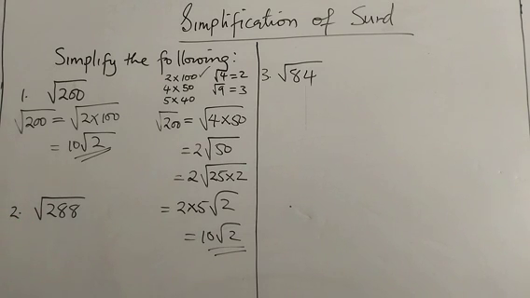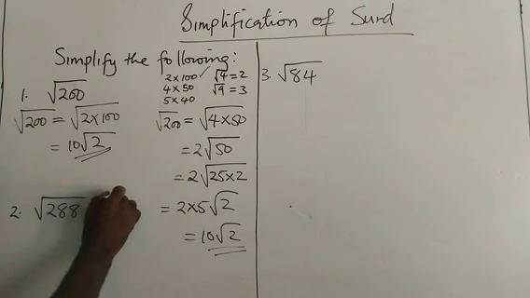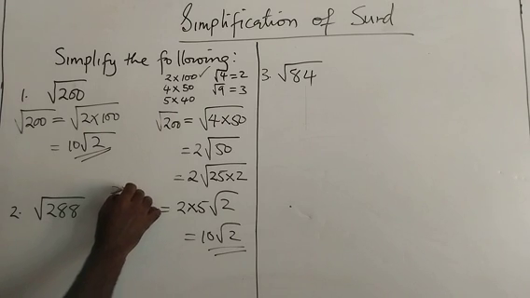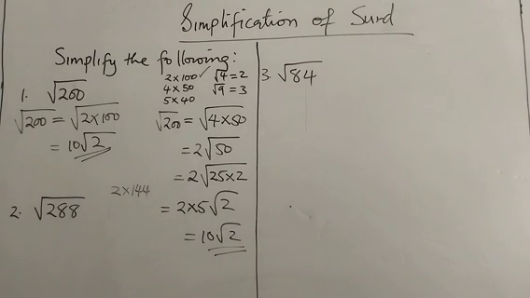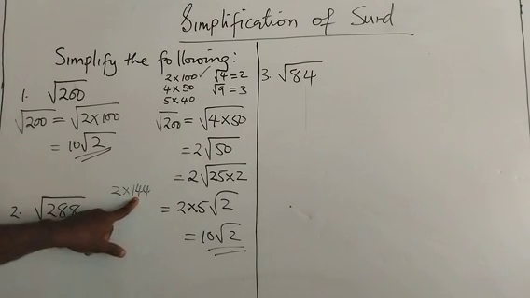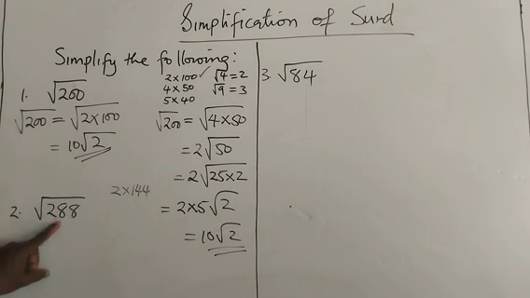Let's go to the second question. We have root 288. Factors of 288. We have this combination. We have 2 times 144. Now, 144 is a perfect square, and the highest perfect square that is a factor of 288.